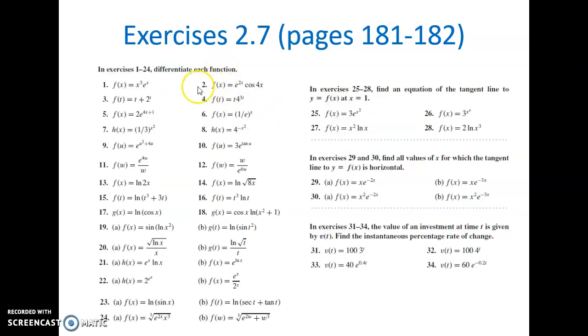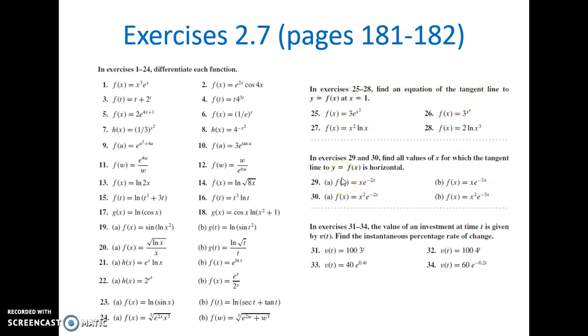So these are examples where we are using the exponential rules and logarithm rules, and you see all these examples from 1 to 24. We use the logarithmic and exponential rules, and the same while finding the equation of the tangent line.